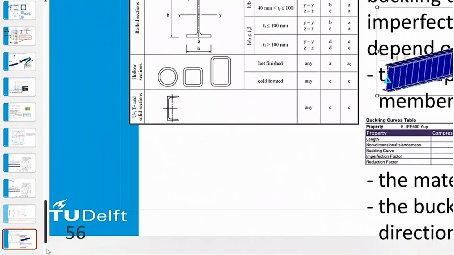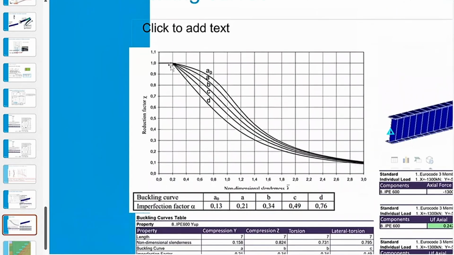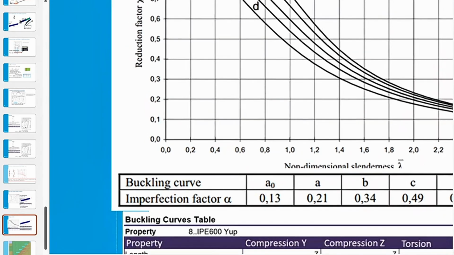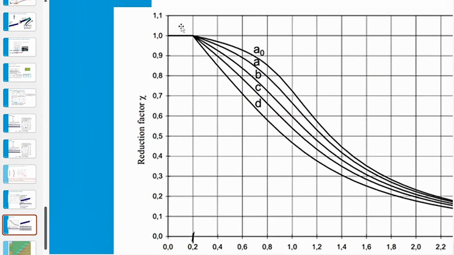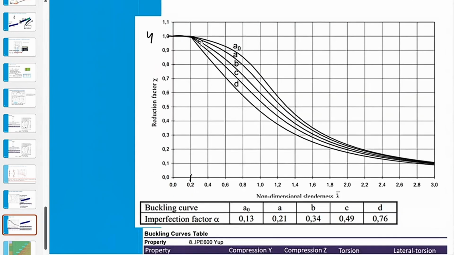Where's that curve? Here. So we have different curves here, up till a slenderness of here in this case, where we have the yield limit, which is important. We have a reduction factor, and depending on the tolerance in fabrication, I use different curves.